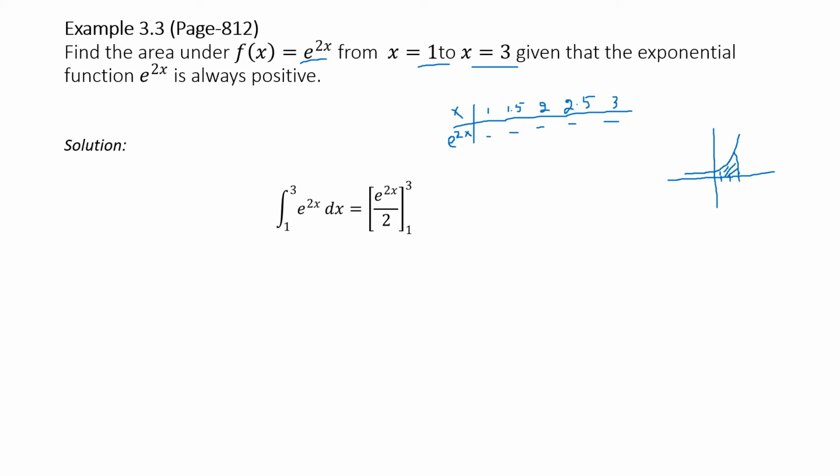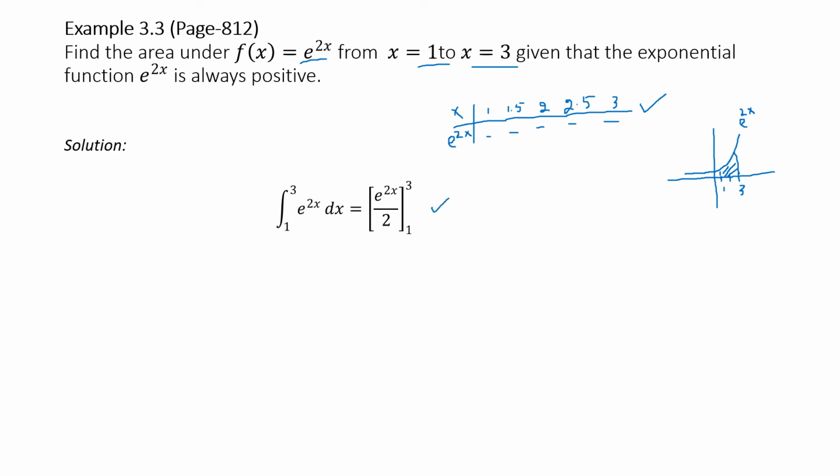I'm sorry, I did not practice it. This is 1 and this is 3. Anyway, in the question here you are not asked to draw the graph, but if you are asked to draw the graph, then the table will help you and then draw the graph, not to scale, just to give an idea.